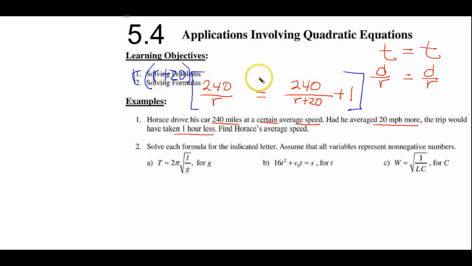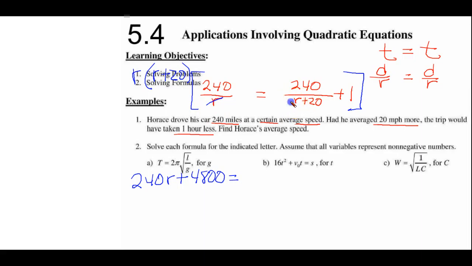So let's clear parentheses now. This r will cancel out, this r will cancel out, and I'll write it down here. So I get 240r, this r times the 240, and then 20 times 240 is 4,800. And this is one term, and this is one term.